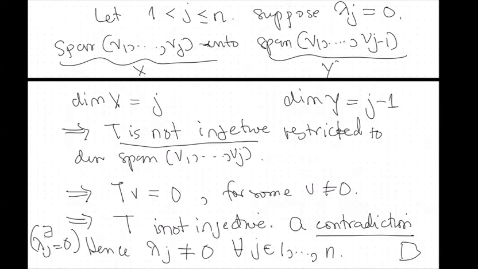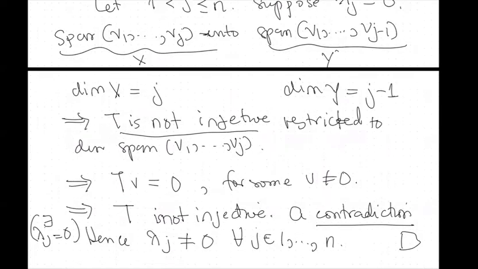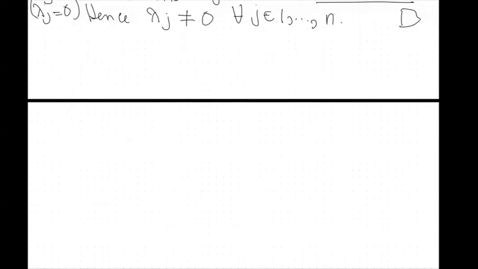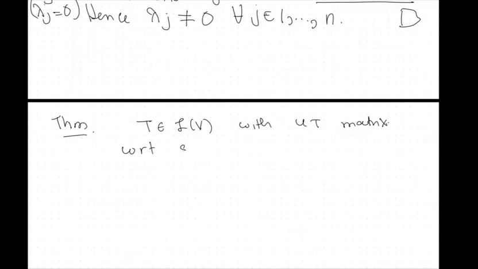Because of this theorem, we can easily prove statements like the following, on the determination of eigenvalues of an upper triangular matrix. Suppose we have an operator T on the vector space V with an upper triangular matrix with respect to some basis.